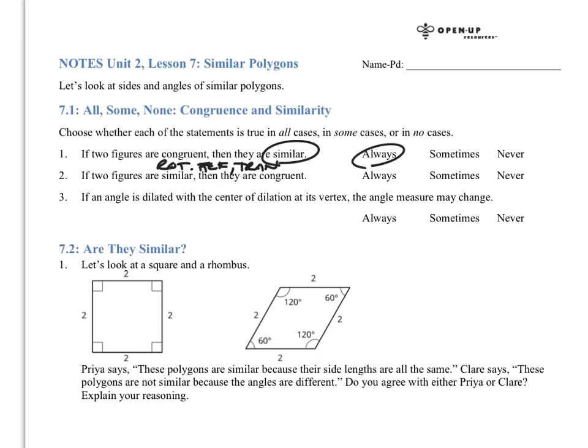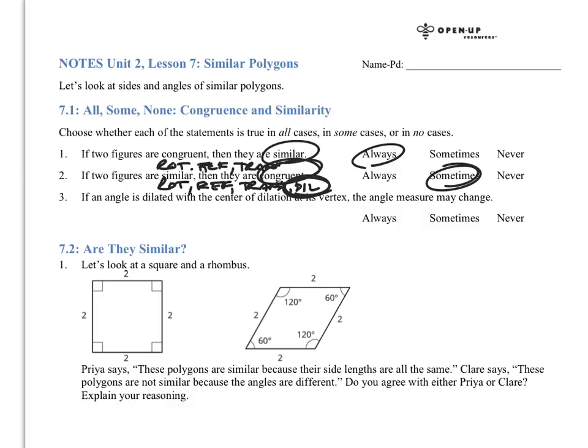However, if you look at it the other way around, similarity is not only these three transformations, but also includes dilations. And it's the dilations that make things not congruent. We could have similar figures because of dilation, of scaling a figure, but then they wouldn't be the same size, and so they wouldn't be the same size and shape, which is what congruent means. So that instance is sometimes true.